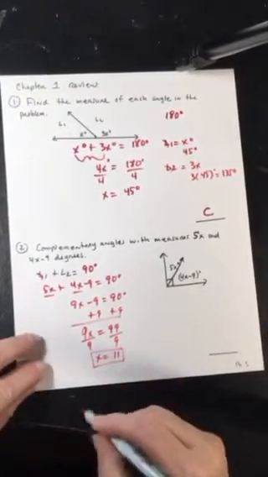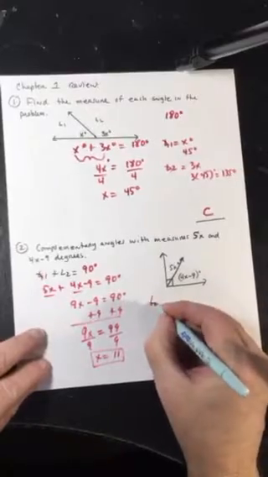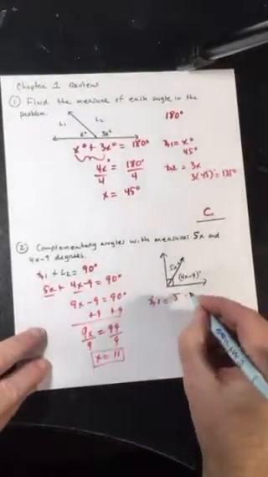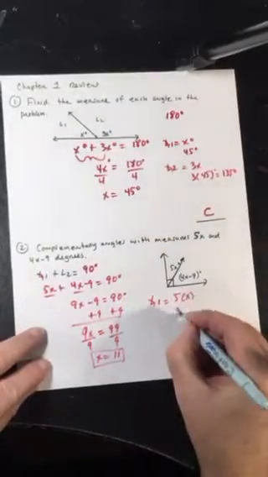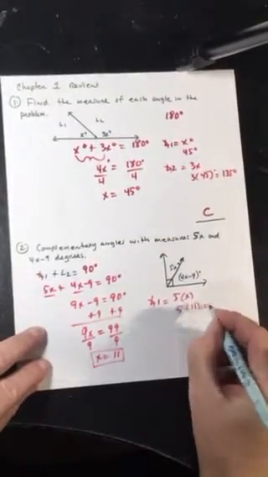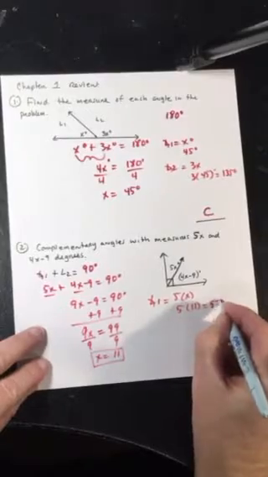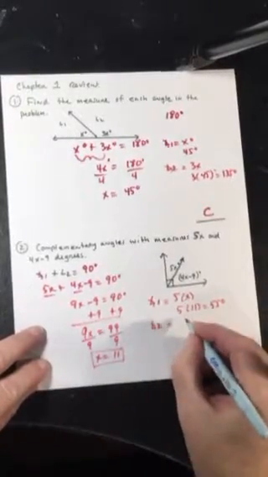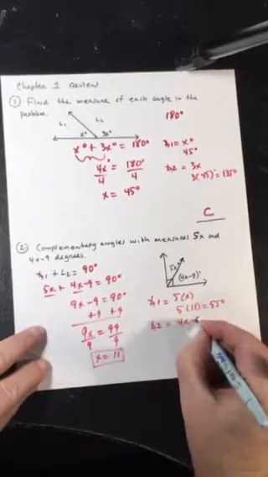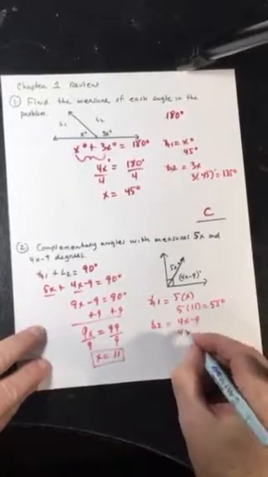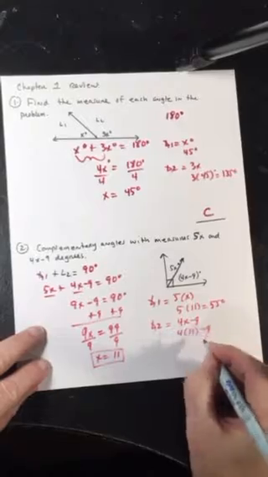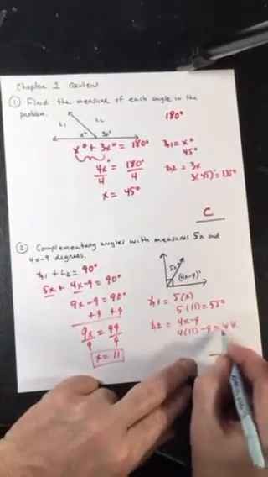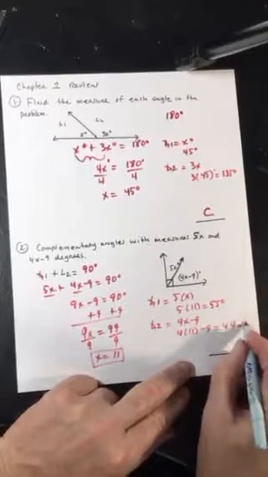So now we know our value of x. To find angle 1, it's 5 times x, and we just found x to be 11. So angle 1 is going to be 55 degrees. Angle 2, which was 4x minus 9, replace x with 11, equals 44 minus 9.